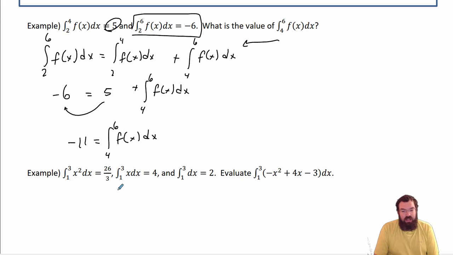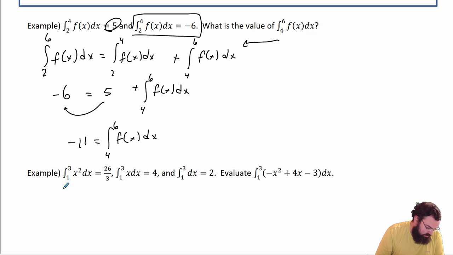Next one, and we have some fractions here, but that's okay. So if I have the integral of x squared from 1 to 3 is 26 over 3, the integral of x from 1 to 3 is 4, and the integral from 1 to 3 of a constant is 2. What I can do here is break this polynomial function up because it's separated by pluses and minuses. I can separate that stuff up to find out what my answers are.